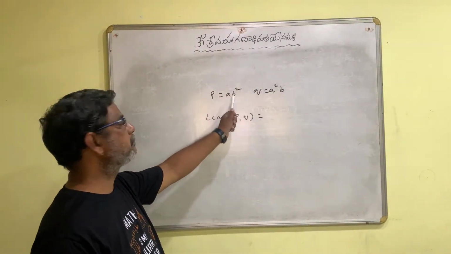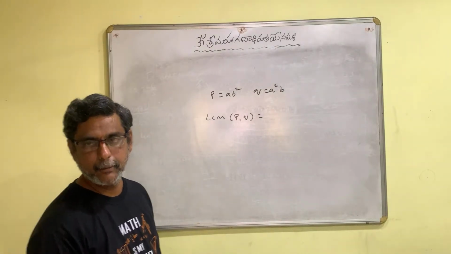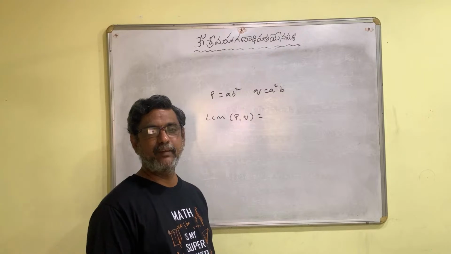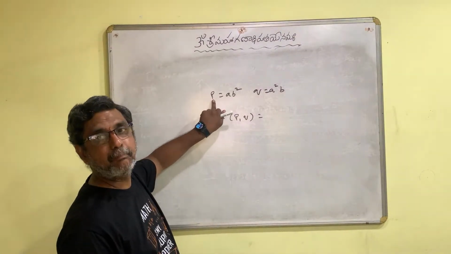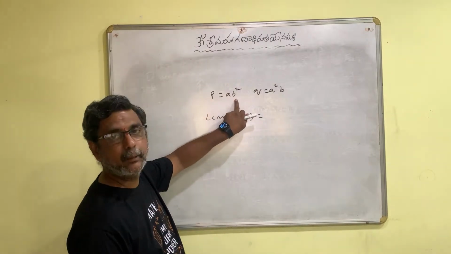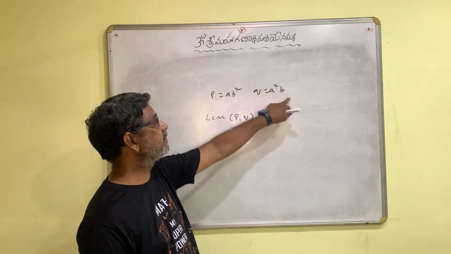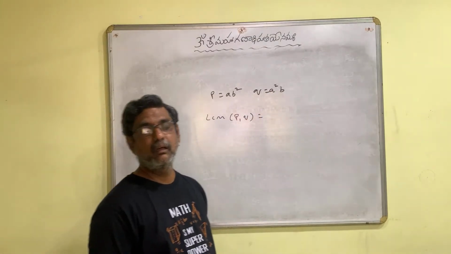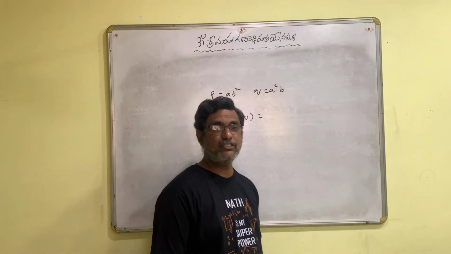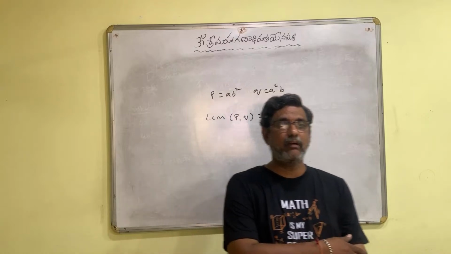P is a positive integer, Q is another positive integer. Prime factorization of P is A into B square. Prime factorization of Q is A square into B. We need to find out the LCM. Now what is your answer, children? In order to find out the LCM, what we have to do?